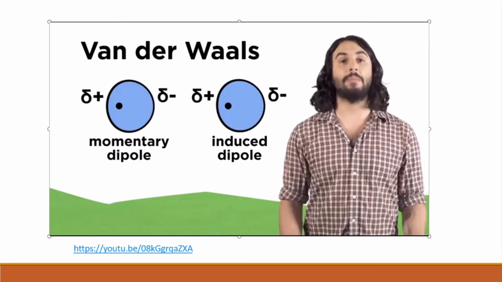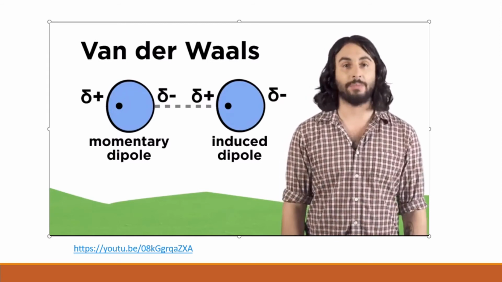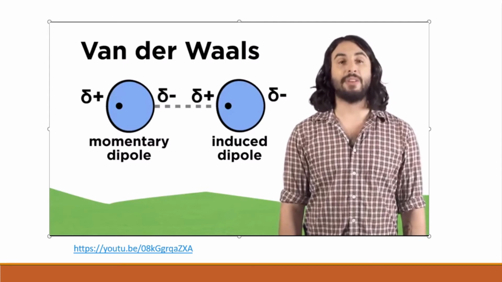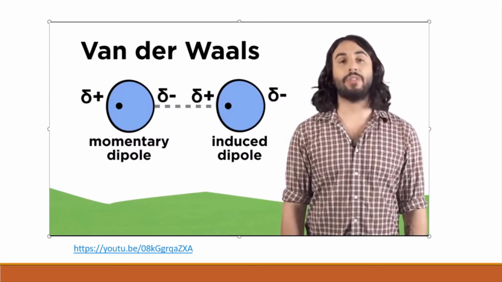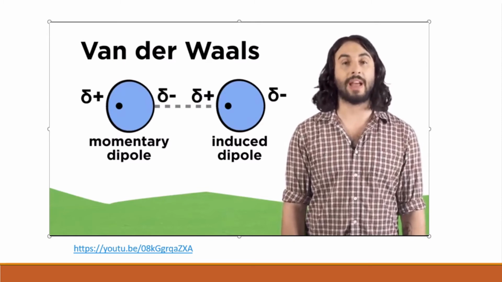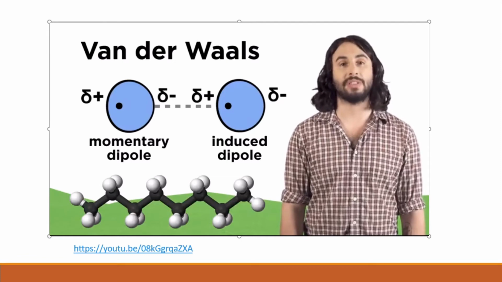And then there can be a momentary dipole-induced dipole interaction, that is the van der Waals force. This is a weak and fleeting attraction, but this is all that monoatomic species and non-polar covalent compounds can do. And for very large molecules like some hydrocarbons, the force can become significant.